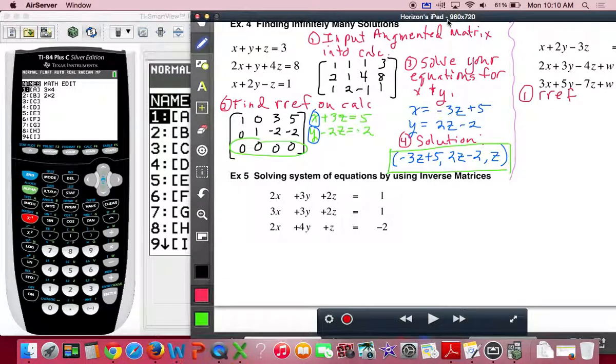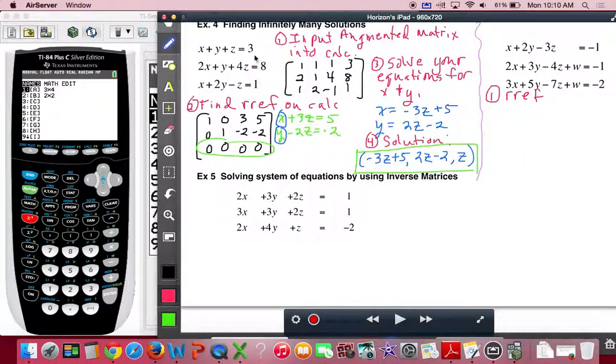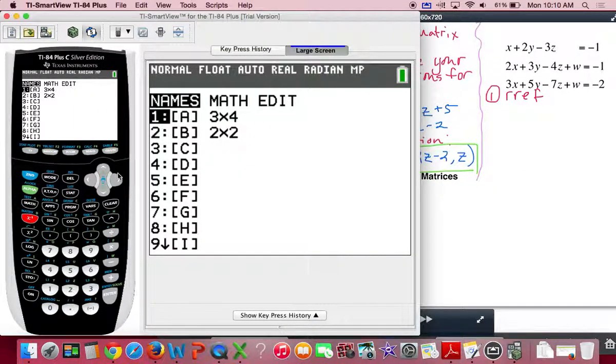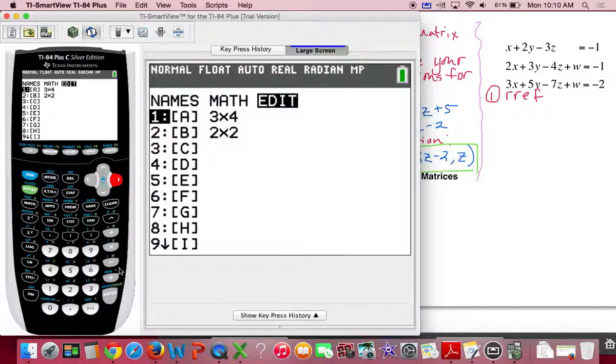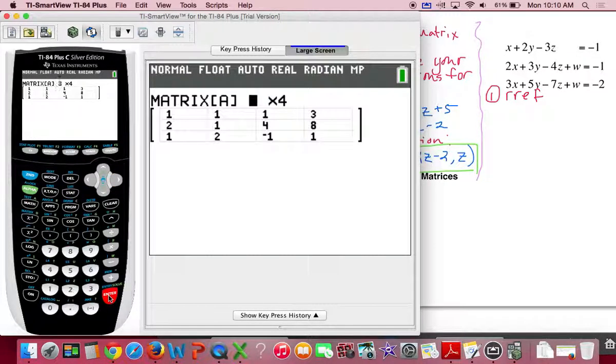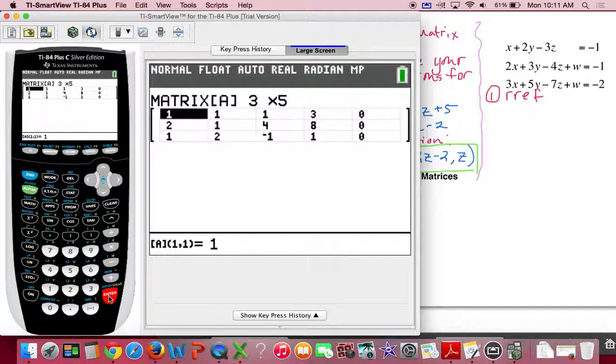Let me move this over just a little bit so I can see the whole matrix. Okay, so I'm going to scroll over to edit. And what are the dimensions of this matrix? 3 by 5. So you want to put in a 3 enter and a 5 enter to give the proper dimensions. And then start putting in your equations row by row.